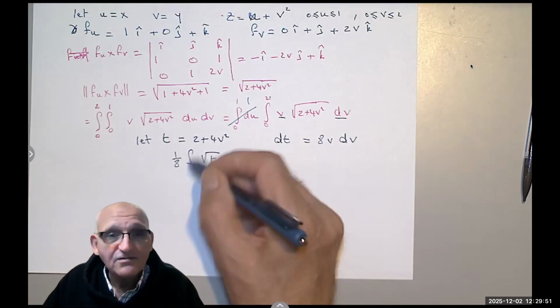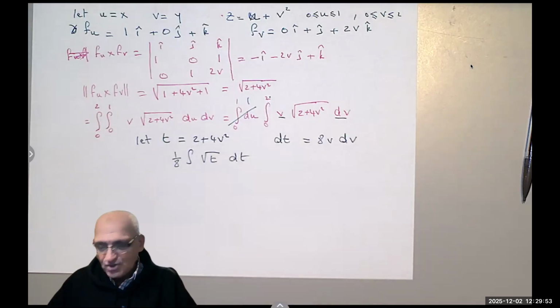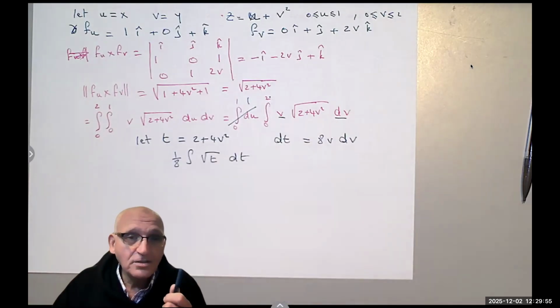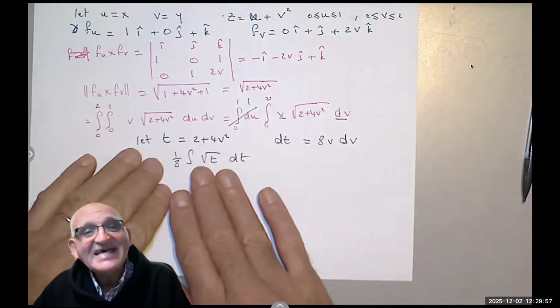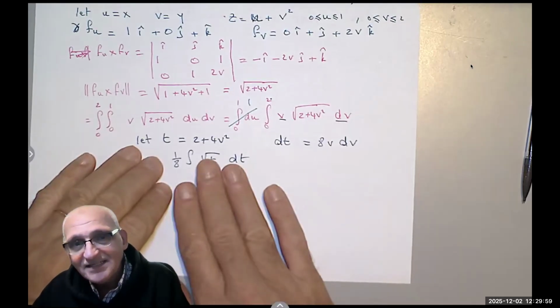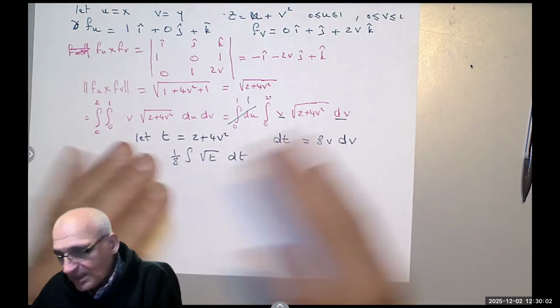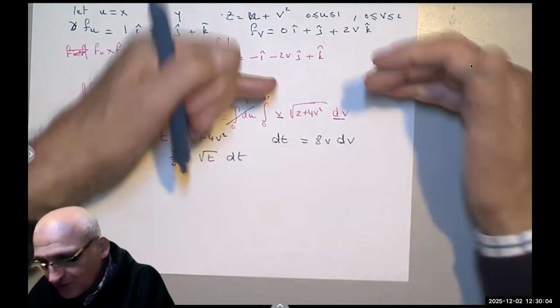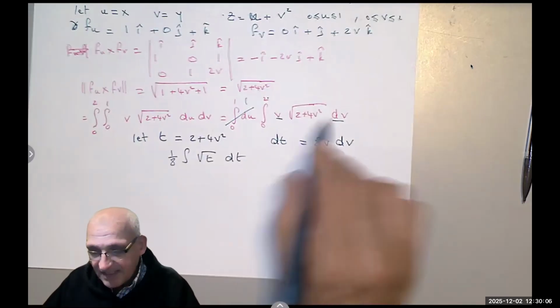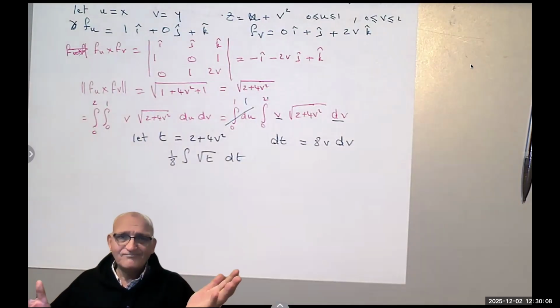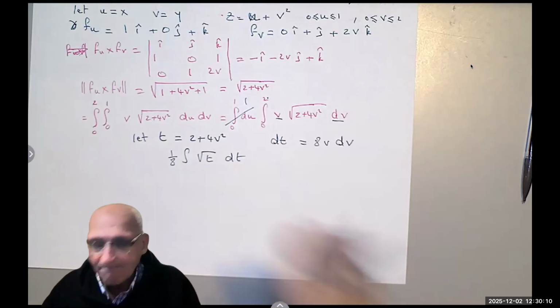So you take the integral from 2 to 18. Or you can leave it as if it were an indefinite integral, and when you get your result, you go back to the v world and evaluate from 0 to 2. It's the same thing, okay?